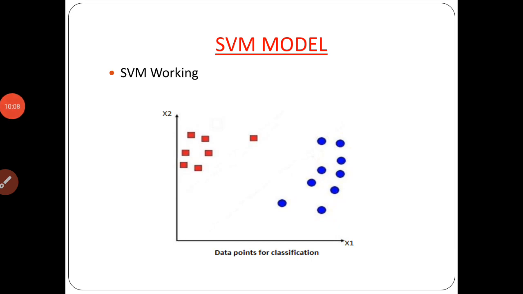Next is the SVM model. First, SVM working: how exactly does the support vector machine work? In the SVM model, basically it is a representation of the different classes by a hyperplane. I already explained what a hyperplane is. The hyperplane is in multi-dimensional space, that is, n-dimensional space.